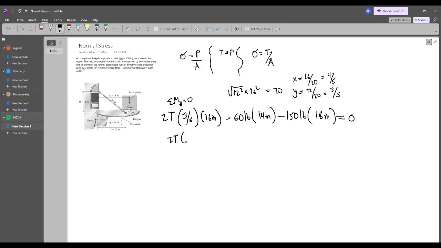So that'll be 3/5, 16 inches equals, let's solve it already. That equals about 50 pounds per inch.